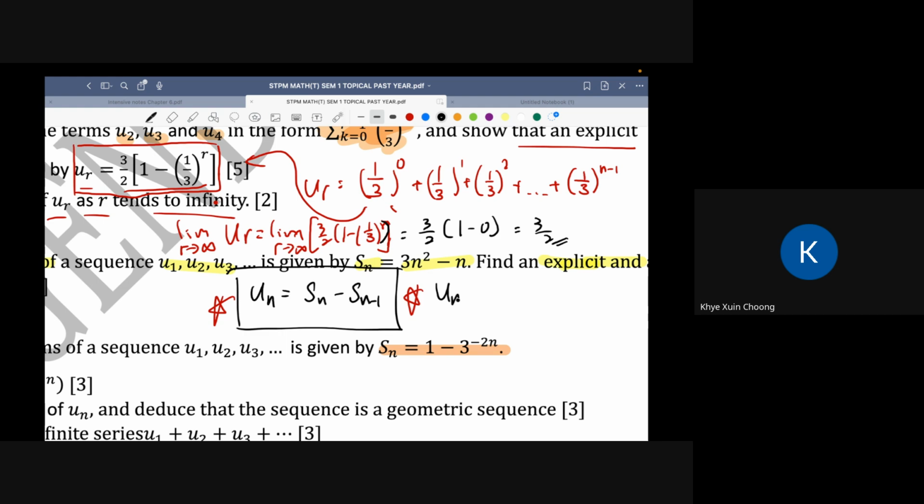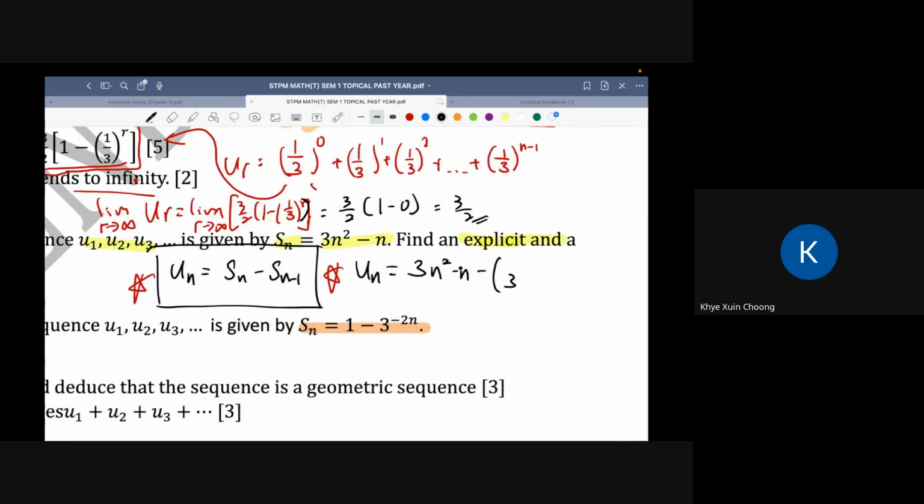Un is Sn, which is straightforward, minus Sn minus 1. The part that is previously n, you change it to n minus 1. So if this n is being squared, then this n minus 1 should be power 2 also. Then you try to simplify it.